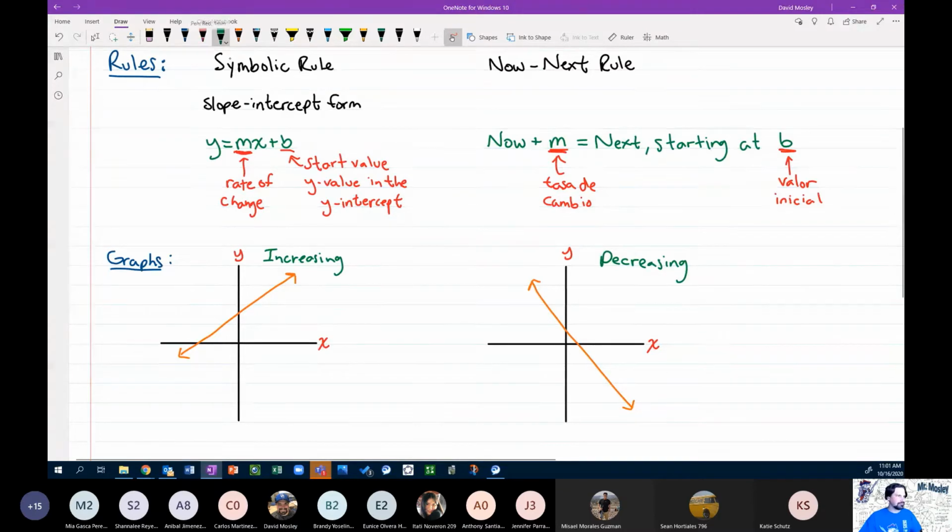All right, so we have increasing or decreasing. When I have a graph that is increasing, the rate of change will be positive, because I'm increasing.